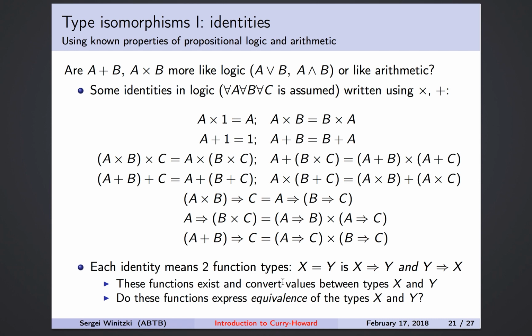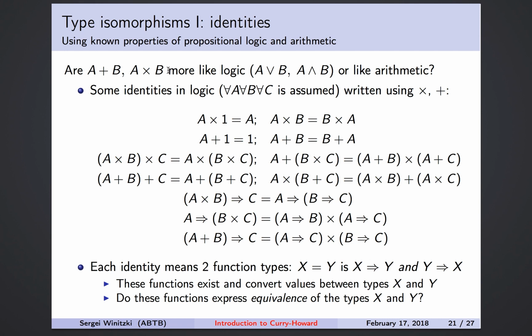Another important application of the Curry-Howard correspondence is to analyze type isomorphisms or type equivalences. And I was led to this by asking the question, so in this logic, or in the types, are these operations plus and times, as I denoted them, more like logic, more like the disjunction and conjunction, or are they more like arithmetic plus and times?